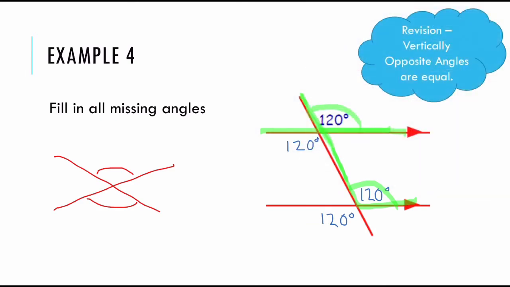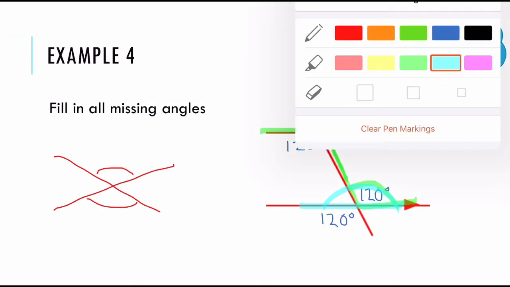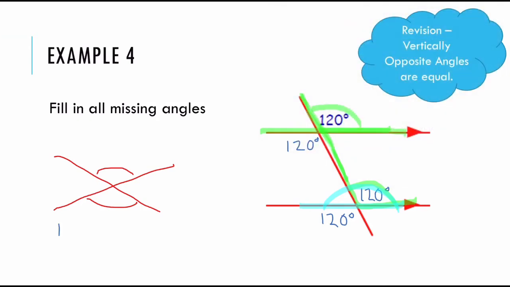Next, I'm going to go on to supplementary angles, so angles in a straight line. I know that angles in a straight line add up to 180 degrees, so I'm going to do 180, take away 120 to give me 60 degrees, which tells me that this in here must be 60 degrees. Using X angles, this one opposite must also be 60 degrees.